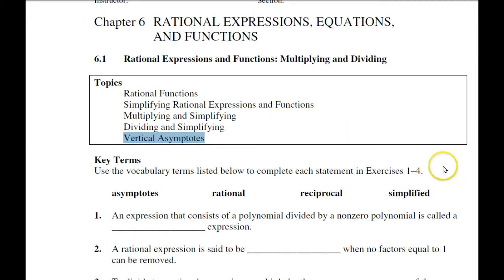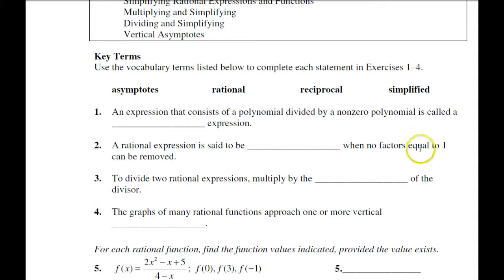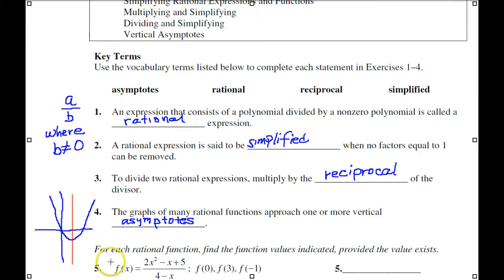But as we move on, let's take a look now at some of the vocabulary. There are only 4 words, and I believe some of them you know already. So in reviewing these, an expression that consists of a polynomial divided by a non-zero polynomial is called a rational expression.